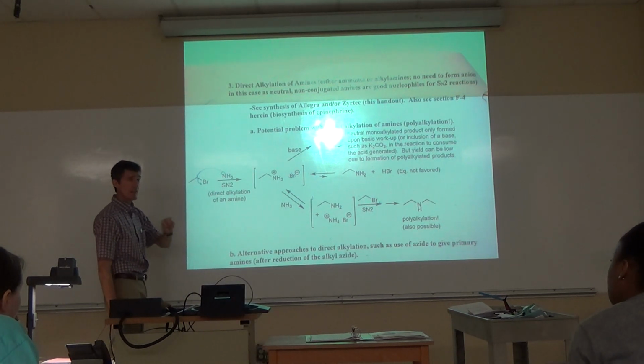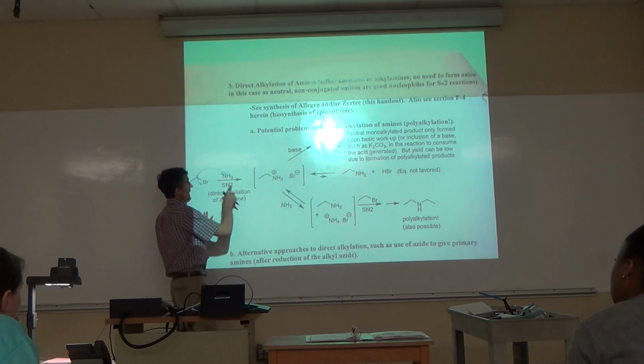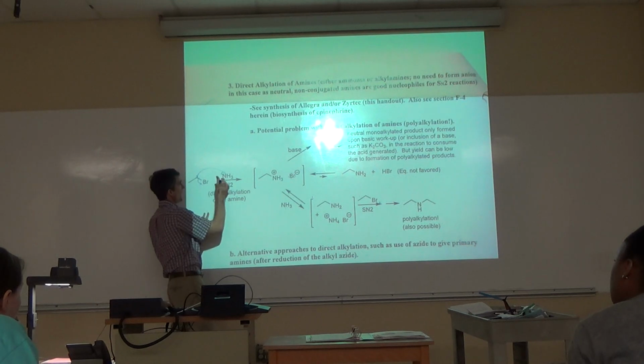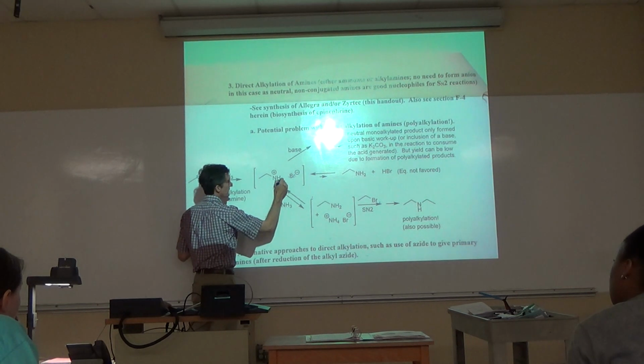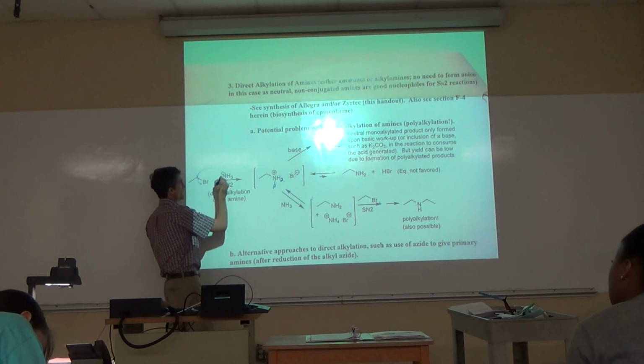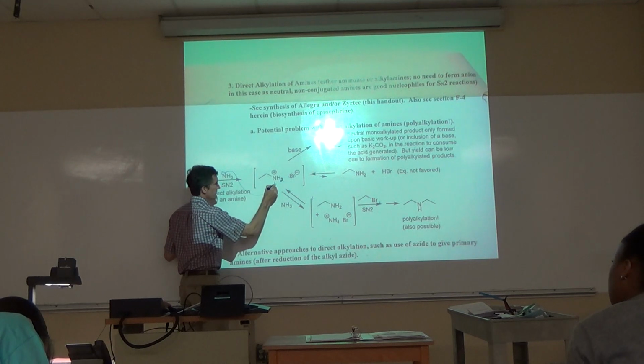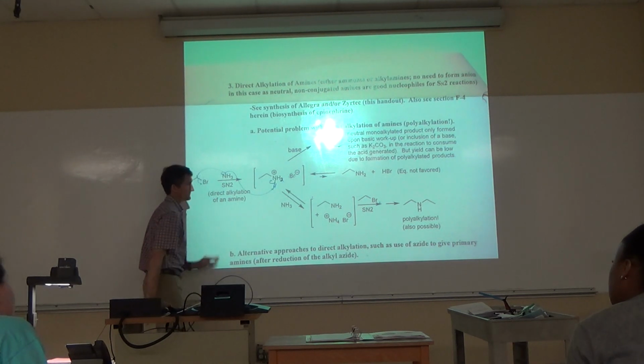Problem is, something else can happen. Ammonia can act as a base. And instead of doing that, it can come over here, let's draw one of these H's out and change that to 2. And ammonia can come over here and take an H and leave these behind.